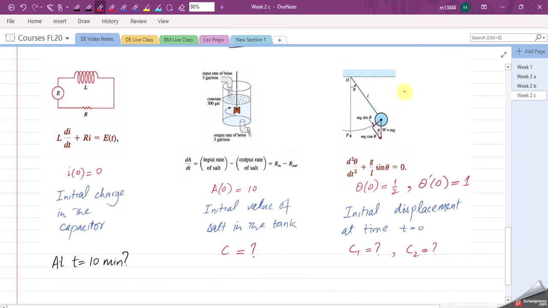If you leave the pendulum from here or from here or from here, the period of the pendulum remains the same. So that is the kind of thing we study using initial conditions and differential equations.